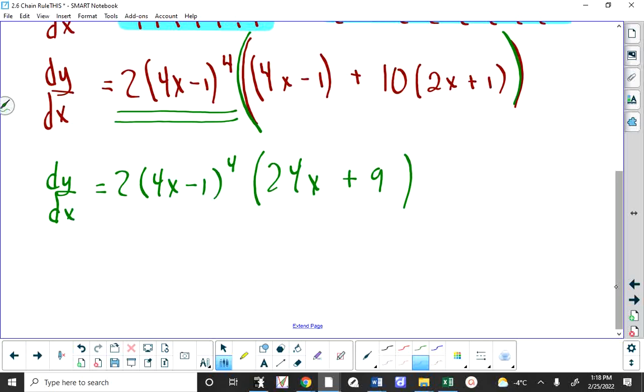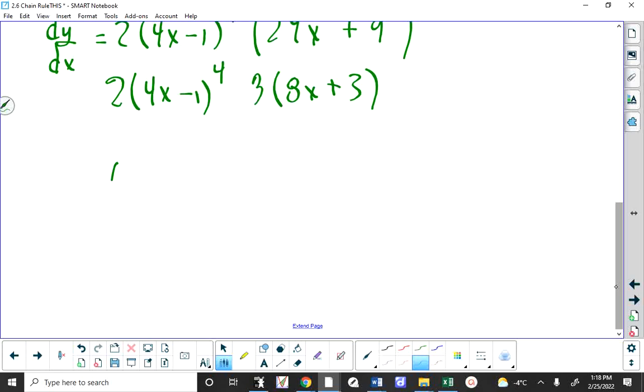So I can factor a 3 out of this and have 8x plus 3. And I think you know what's going to happen with that 3. It's going to join forces with the 2, and we'll have a coefficient of 6. So the final answer for my derivative here is 6 times (8x plus 3) times (4x minus 1) raised to the 4.